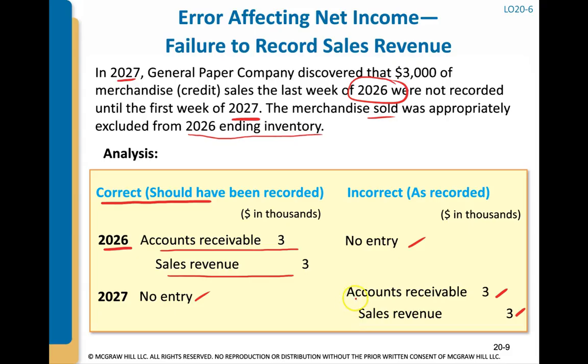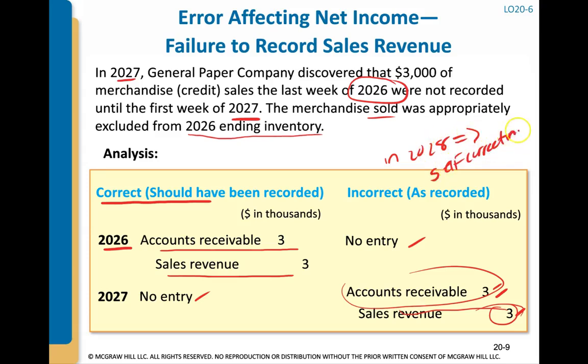But even if it wasn't, in 2028 you still have accounts receivable on your books for $3,000, and your sales revenue would also be on your books for $3,000, and therefore included in your 2028 beginning retained earnings. So if this happened in 2028, it would be self-correcting, and we have no journal entry.